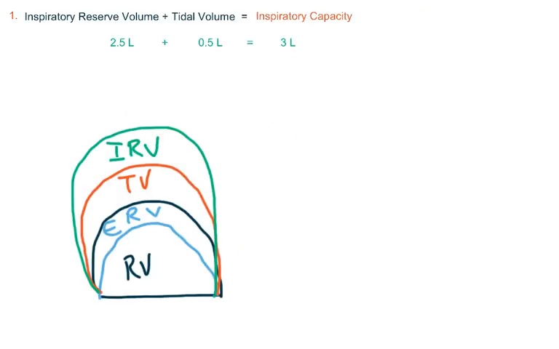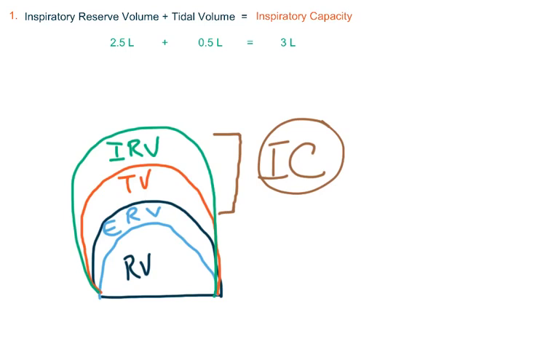Now that you know the 4 important lung volumes, let's add them up to derive different lung capacities. First one is inspiratory capacity, which is derived by adding inspiratory reserve volume and tidal volume. So we remember that inspiratory reserve volume was approximately 2.5 liters, tidal volume was 0.5 liters, so that means inspiratory capacity equals 3 liters.